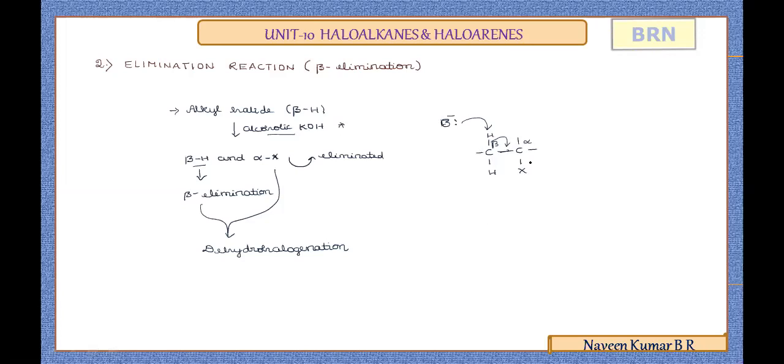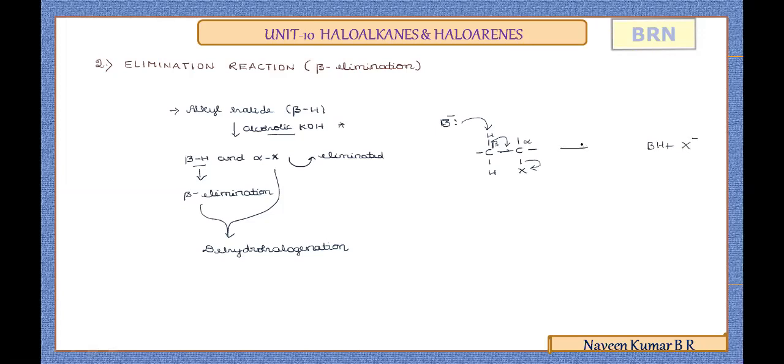That is, an unsaturated bond is seen between these two carbon atoms. In the process, the carbon-halogen bond will be cleaved and the halogen will be obtained as a halide ion. The base, by accepting the H, will be formed as BH.